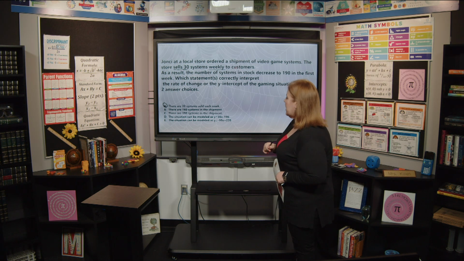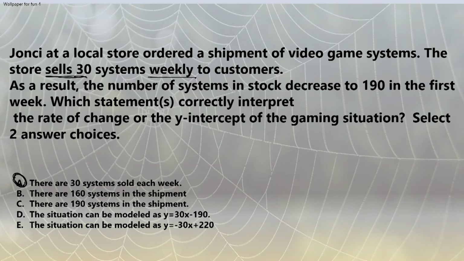So let's look at D and E. The situation can be modeled by, I have y equals 30x minus 190, or y equals negative 30x plus 220. Now we set up here that when we decrease each week by 30, that has to be subtraction or negative. So that 30 would be negative. So my answer would be E.